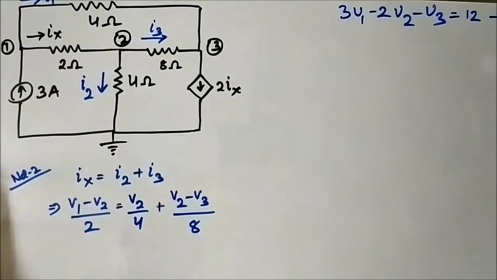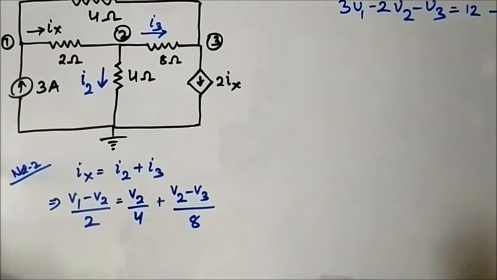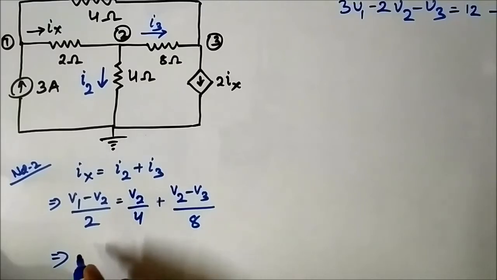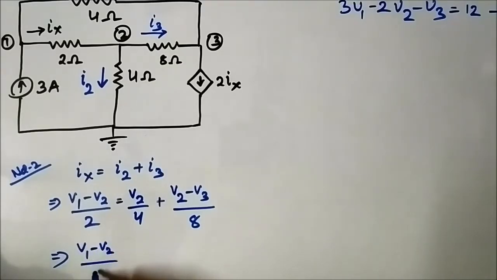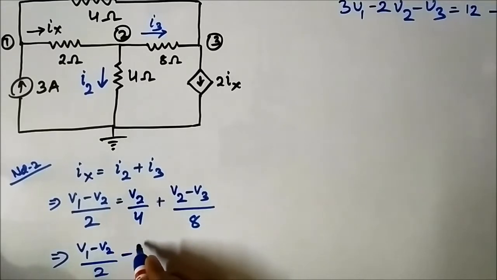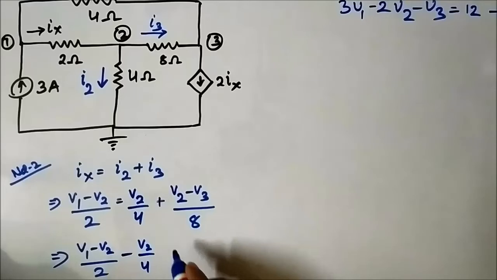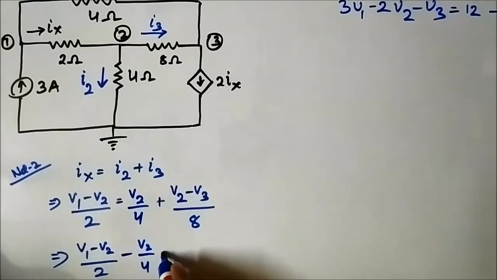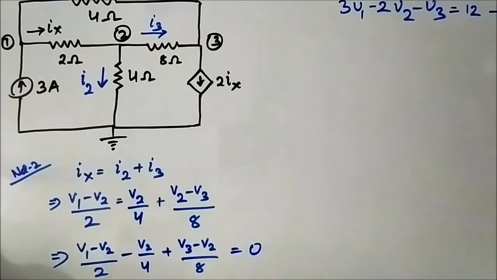Okay, so let us bring all of them to one side. So it is V1 minus V2 by 2 minus V2 by 4. Here V2 minus V3 by 8, if we take it to the other side, it will become V3 minus V2 by 8 is equal to 0.